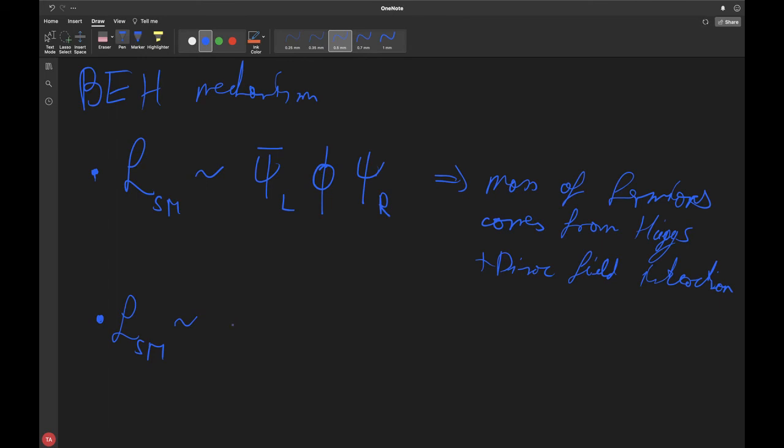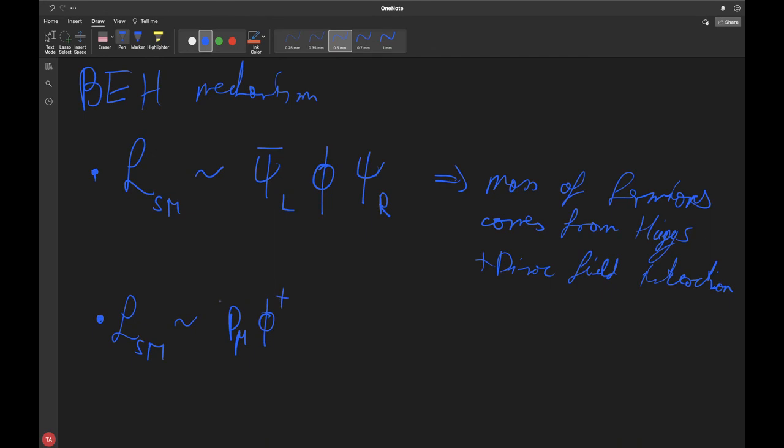So we will have terms in which we have the phi field and it's changing. The change is going to be with the derivative, and we want the derivative to be covariant. So it's going to be D mu, and that's just a change in the Higgs field itself, and so it should interact with itself.